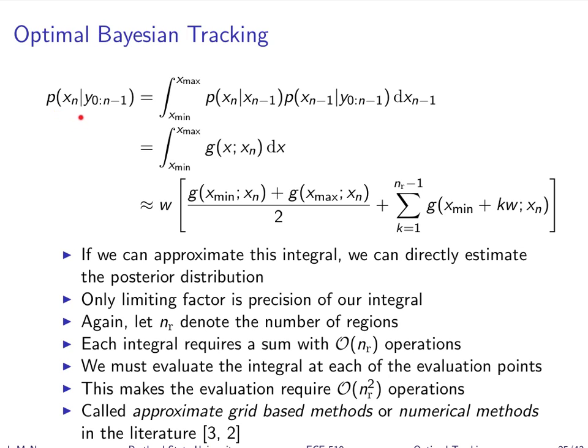At each bin location, you're evaluating this integral from x bin to x max, and this ends up being a sum that has nr terms in it. So for every bin, you're approximating an integral with a sum that has nr terms in it. When you implement that, that ends up being nr squared terms.